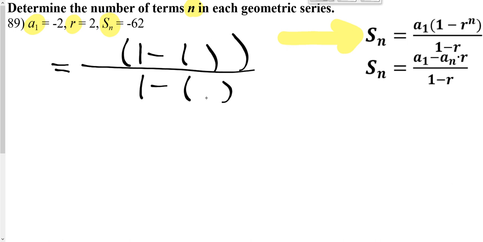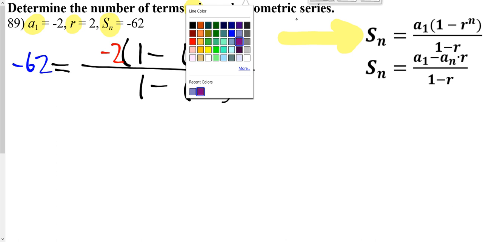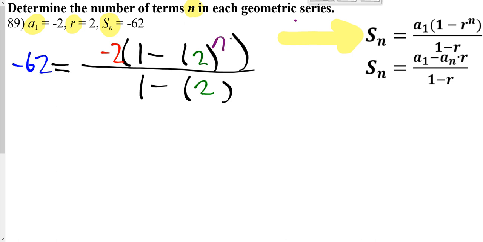I'm going to go ahead and plug in my R. I'm going to plug in my S sub n, which goes on the left side, plug in my negative 2, and we don't know what n is. That's what we are looking for.